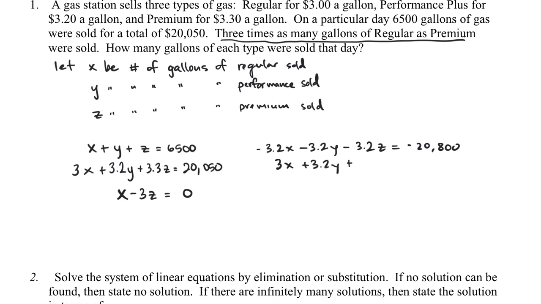Now this middle equation is going to stay the same. If I add these together now, y is going to cancel. Negative 3.2x plus 3 is negative 0.2x. And then here, negative 3.2z and 3.3z is 0.1z.